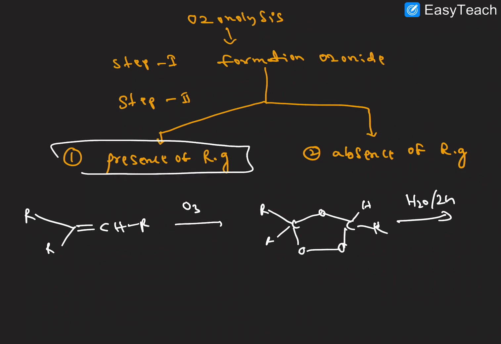So in the presence of the reducing agent, what is happening here? R C double bond O and R C H, C double bond O with H is forming, along with hydrogen peroxide.